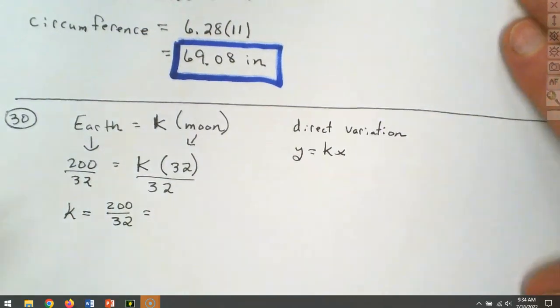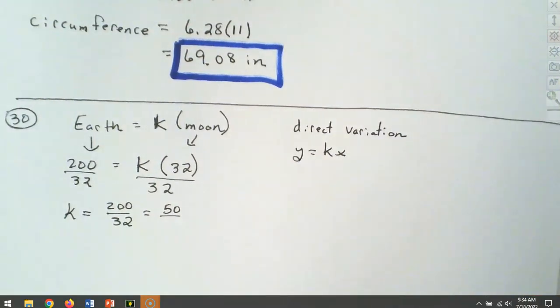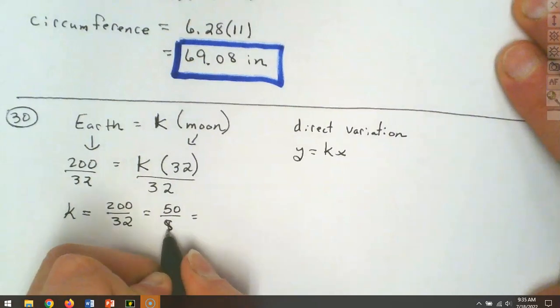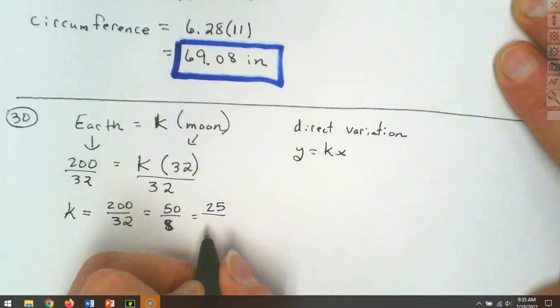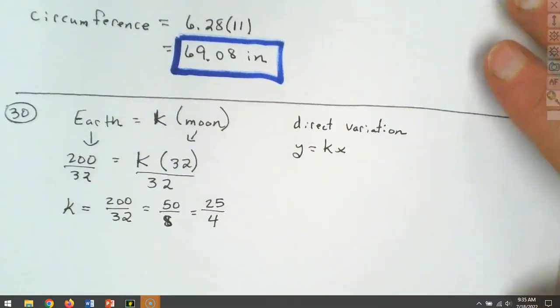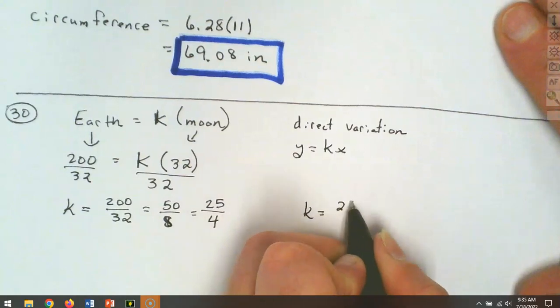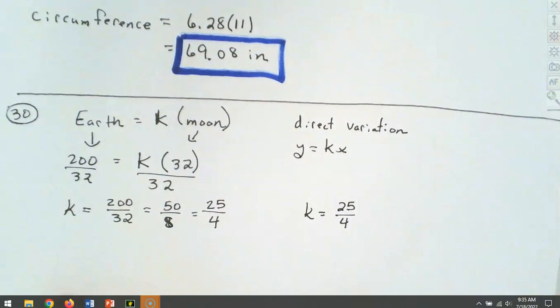So we'll just divide it by 4. We may have to go further, because 32 divided by 4 is an 8. And I think we can go a little bit more. And that's going to reduce down finally to 25 over 4. So that's our value of K. And you could use a decimal, but we're just going to keep the fraction.